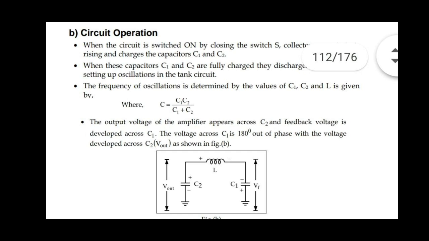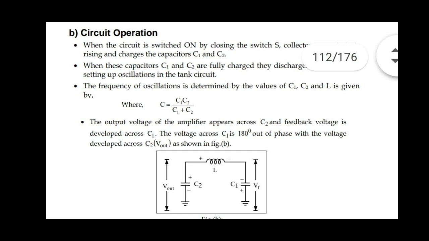Charging and discharging take place, a repeated process in the tank circuit. This charging and discharging sets up the frequency of oscillations. The frequency of oscillations is determined by the values of C1, C2 and L. The formula is f equal to 1 by 2 pi root LC, where C1 and C2 are in series.